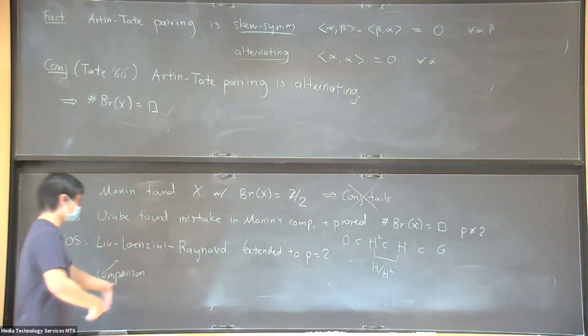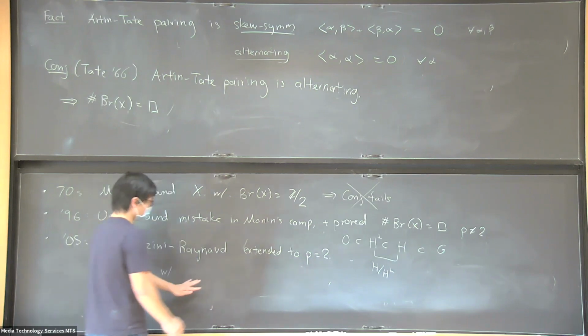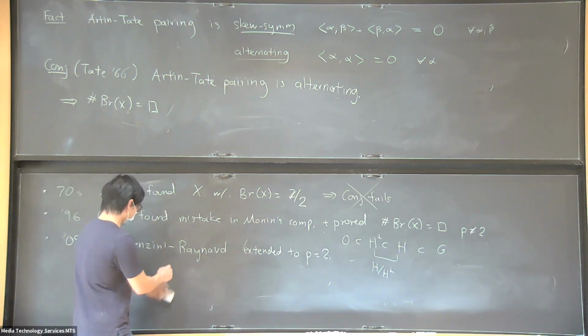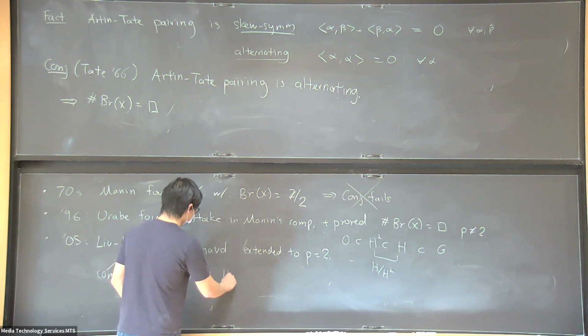There's another story in number theory, a story that comes up in the 2010 diagonal conjecture. So they compare the Brauer group with something called the K-characteristic of some duality.